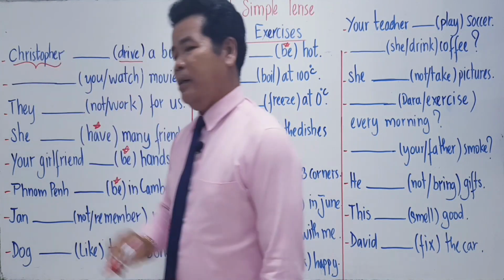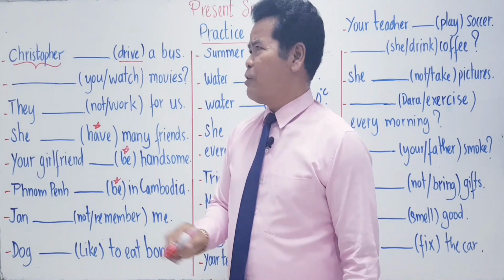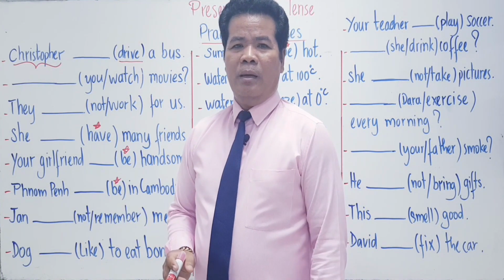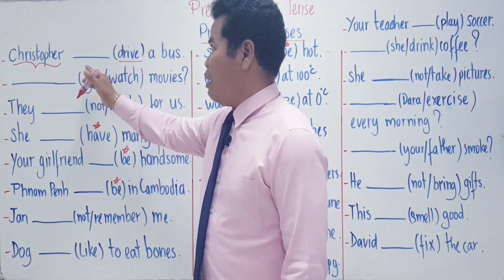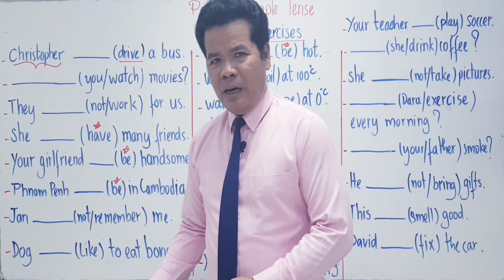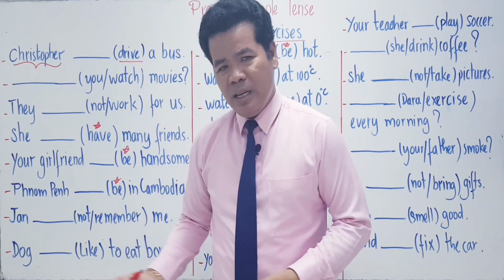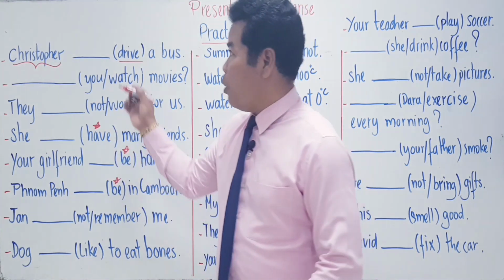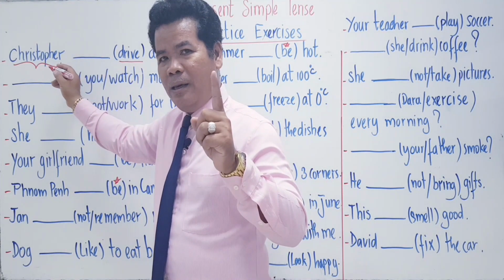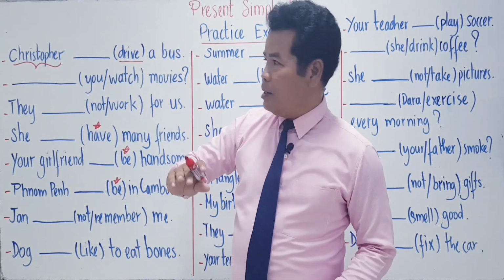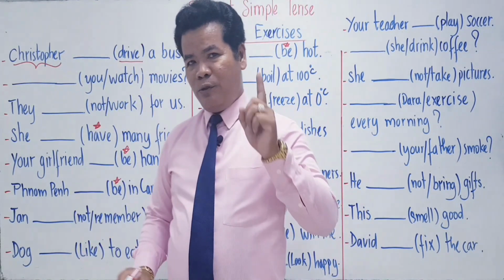Look at the word Christopher. Is Christopher a subject? Yes, of course, it's a subject. But you don't care whether Christopher is the boy, the girl, the man, the woman, or the lady. You don't care about that. Why? Because there's only one person, he or she. When it's he or she, you have to follow the rule.